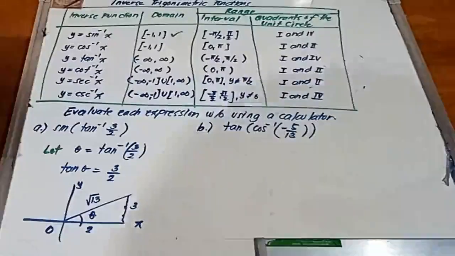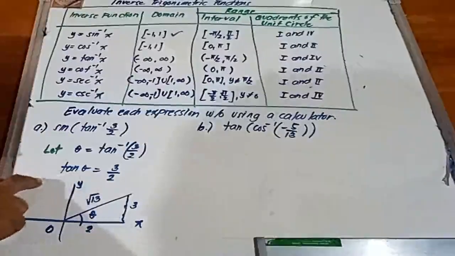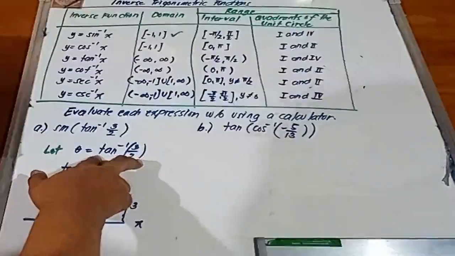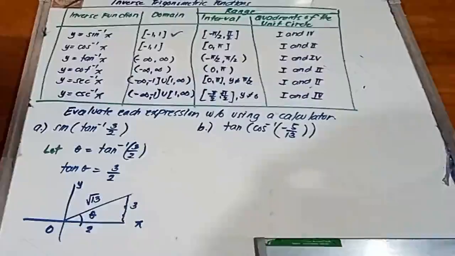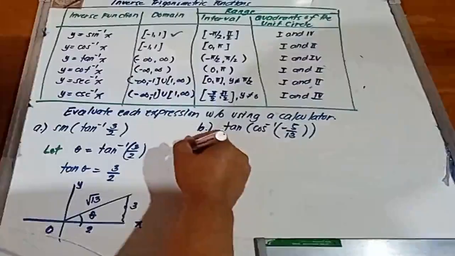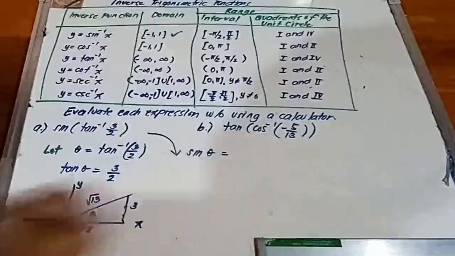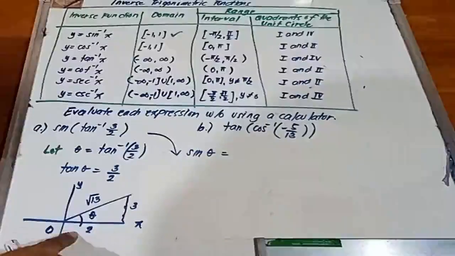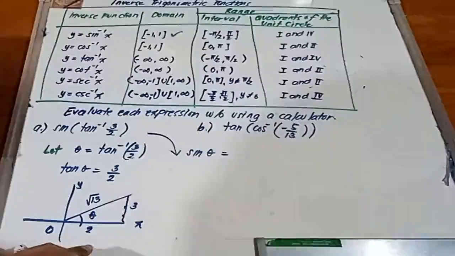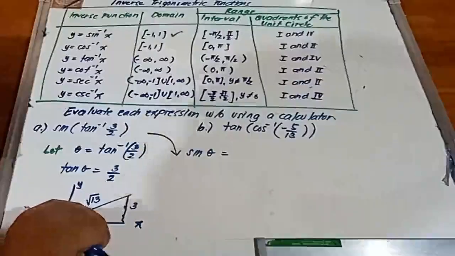Okay? So, we can determine sine of the quantity tangent to the negative 1, 3 halves because we let that this expression is equal to theta. So, therefore, we're just going to determine sine theta. Okay? That is the same as sine theta. Tama? Okay. So, looking at this figure, sine theta is opposite side over hypotenuse. Okay.